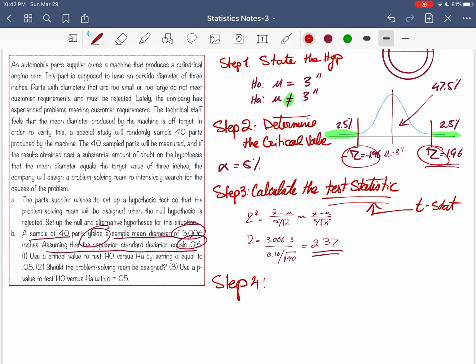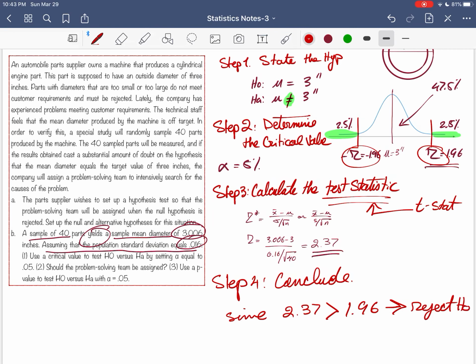Step 4, conclude. Since 2.37 is greater than 1.96, we reject H0.